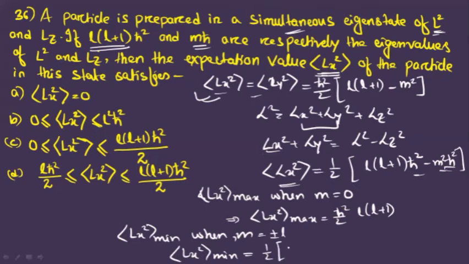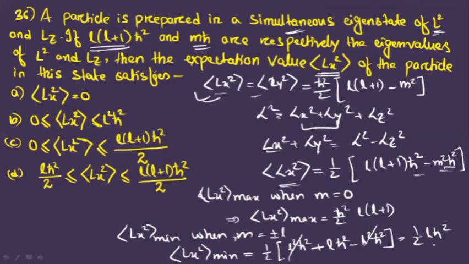So here you will write L square ħ square, plus L ħ square, minus, here m is plus minus L, both give the same value, L square ħ square. So here these two get cancelled, and you will have the Lx square minimum value to be half into L ħ square.